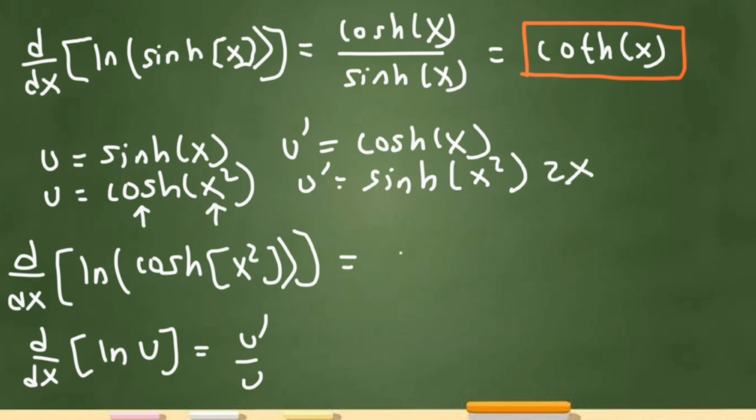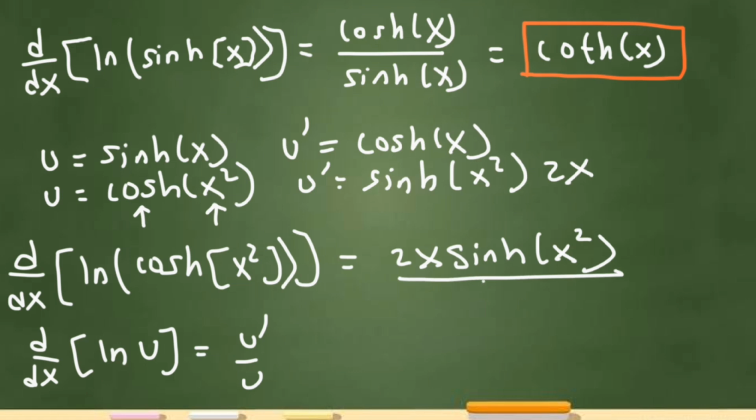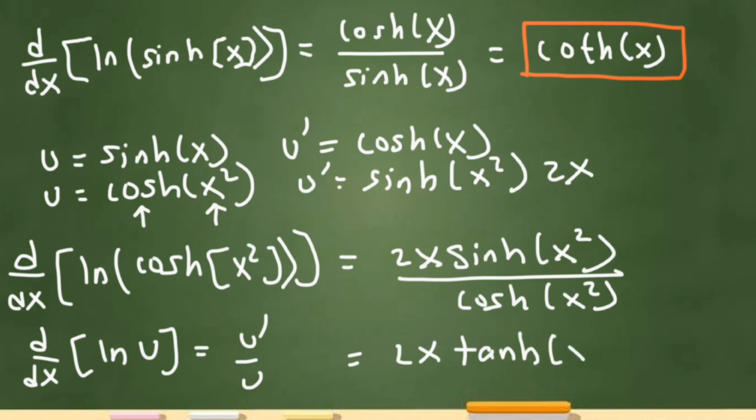So u prime over u is 2x hyperbolic sine of x squared divided by the value of u, which is hyperbolic cosine of x squared. Sine over cosine, we can make that tangent. So the final answer is going to be 2x times hyperbolic tangent of x squared.